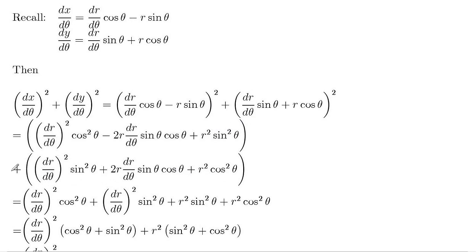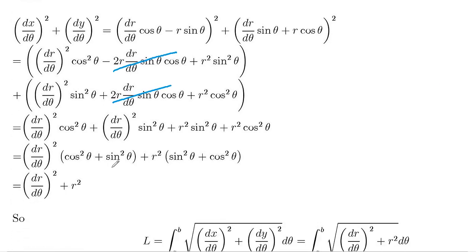And then we're adding those together. Well, this will cancel with this one. So what we are left with is that first term, (dr/dθ) squared cosine squared, this first term here, (dr/dθ) squared sine squared, and then the same with the r squared sine squared here, plus r squared cosine squared there.